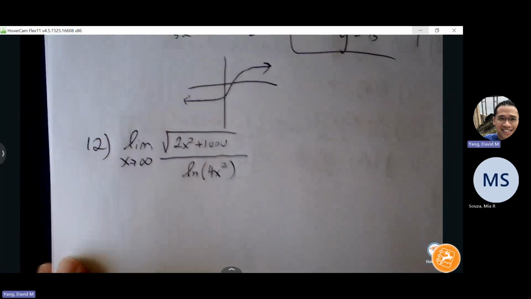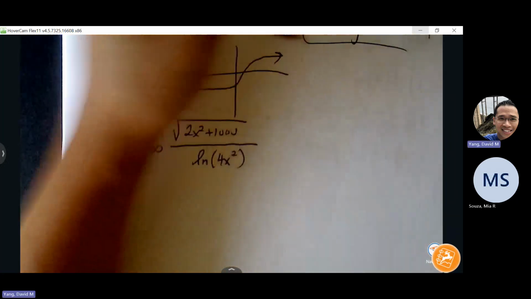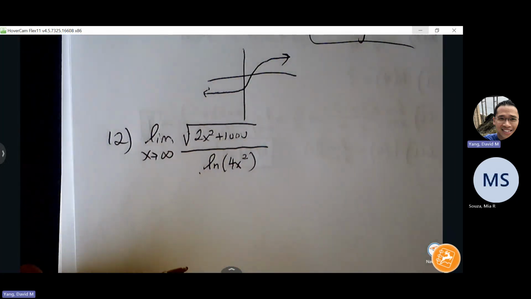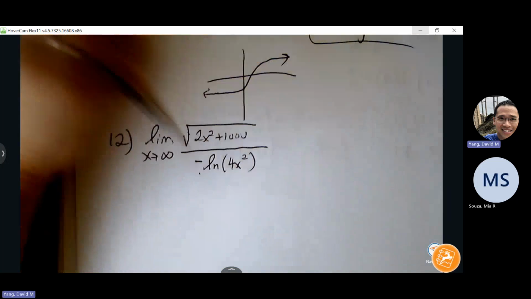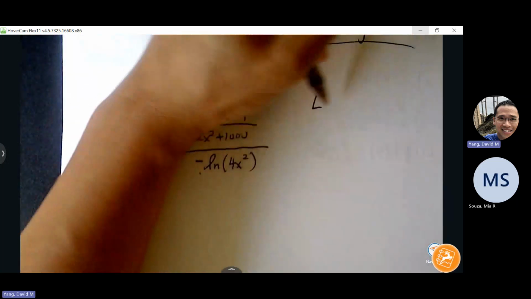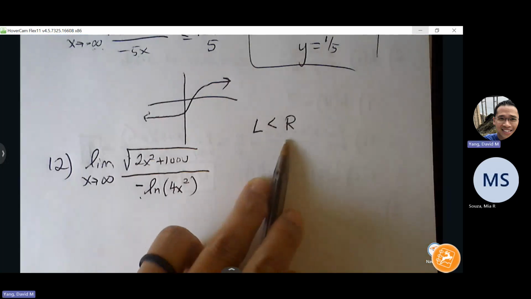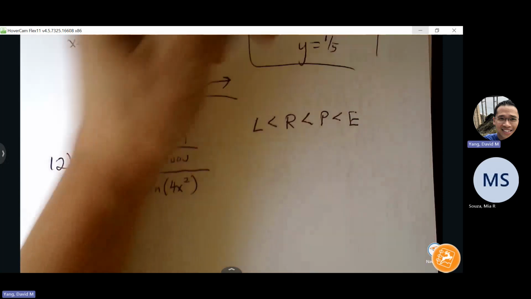What's the speed of the graph? If I have different families of functions between numerator and denominator, I can see which one is growing faster, and then I can decide whether it's going to go to 0 or infinity. As a reminder, logs move the slowest, followed by radicals, followed by polynomials, followed by exponentials.